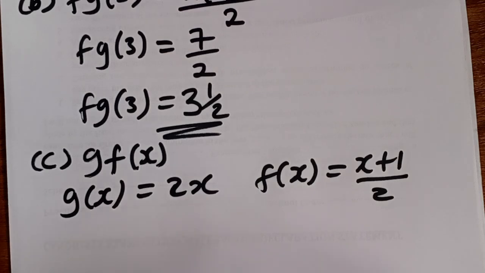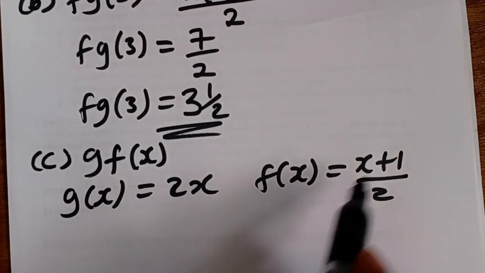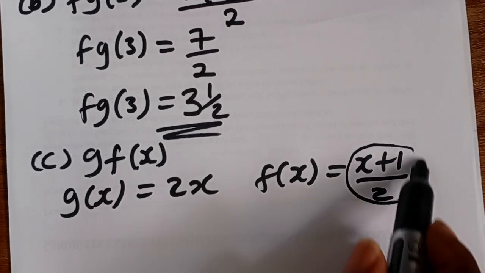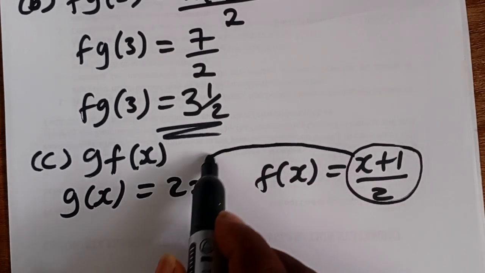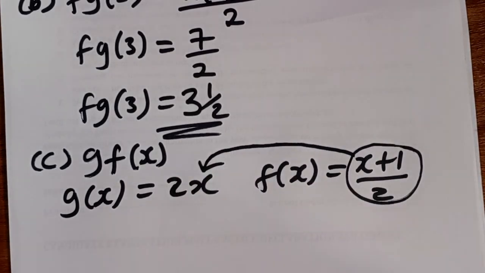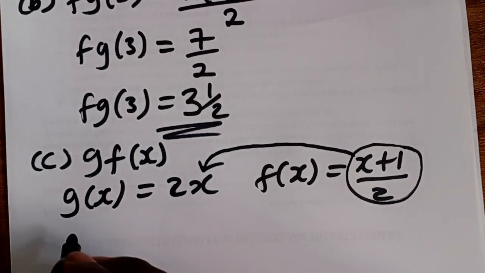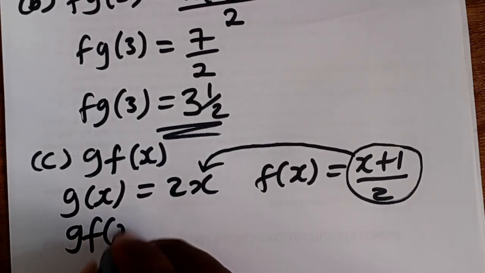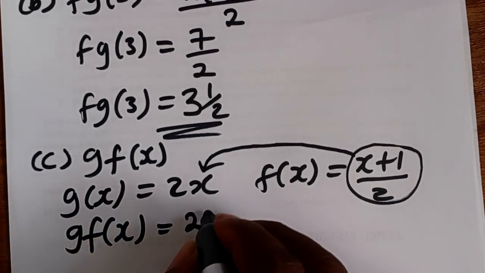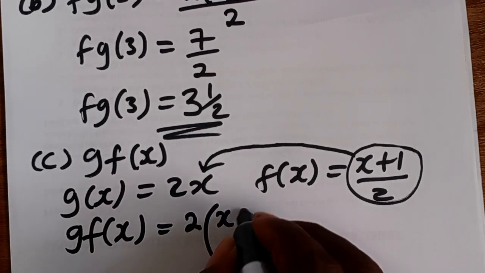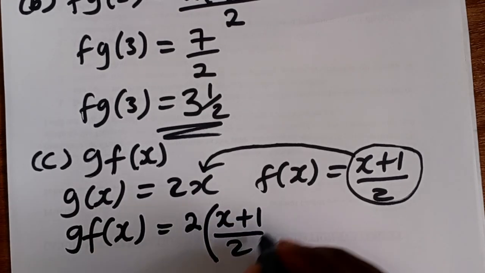This simply means that where there is x in g, we are going to substitute f. So we are going to have gf of x equals 2 times (x plus 1) over 2.